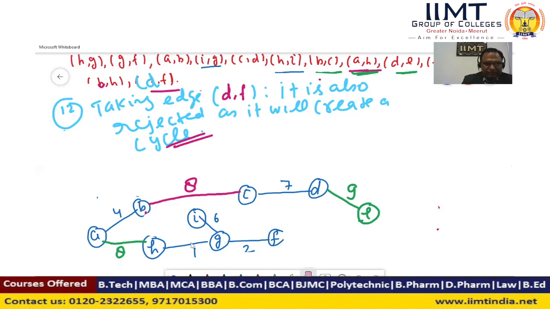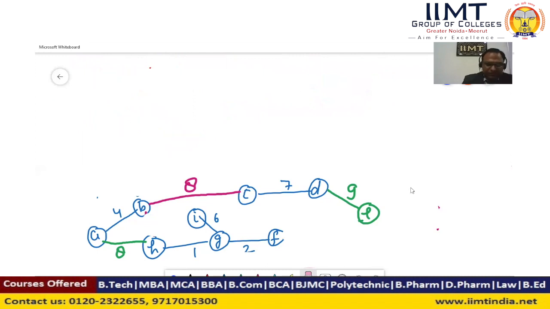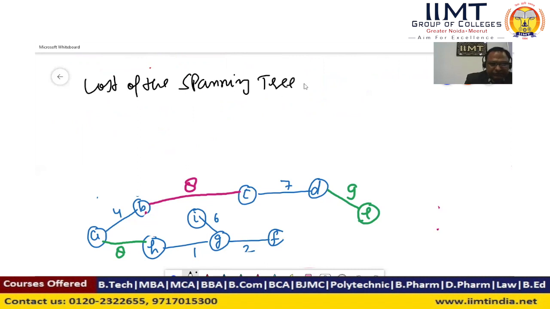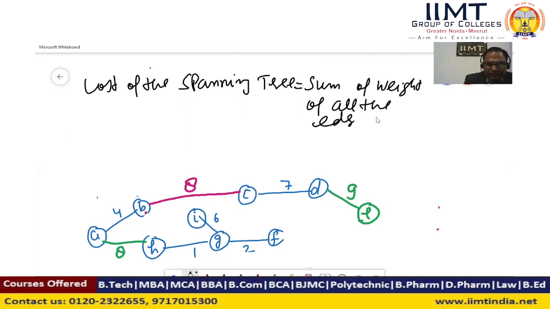So the cost of the spanning tree is equal to the sum of the weights of all the edges of the spanning tree.